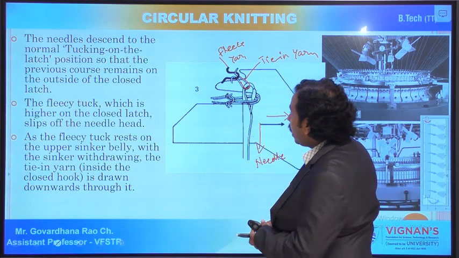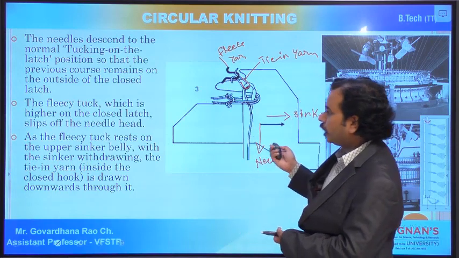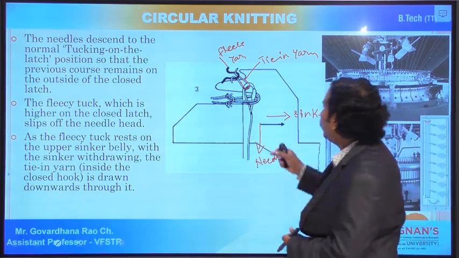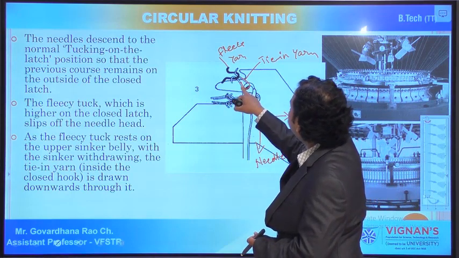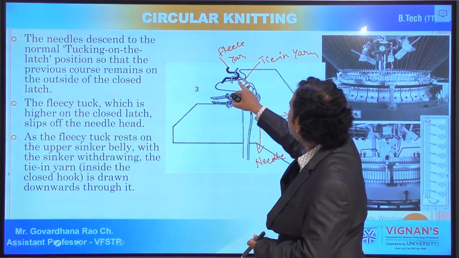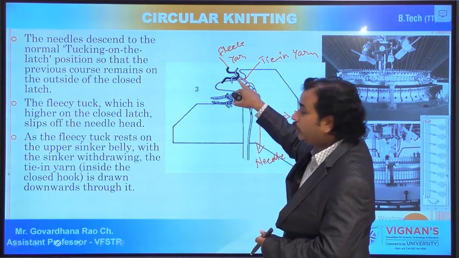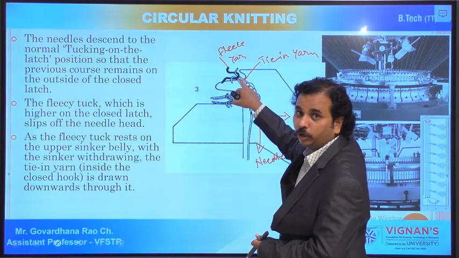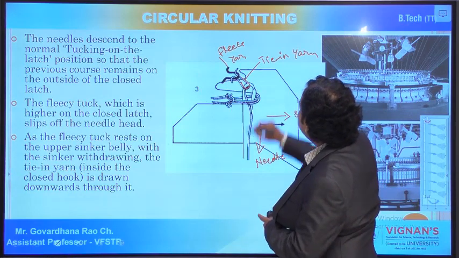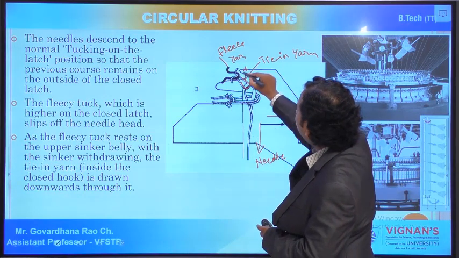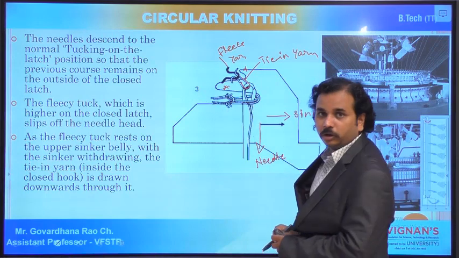After formation of the loop, you can observe that the tie-in yarn and the fleece yarn are both above the lower throat. This is the upper throat and this is the lower throat of the sinker.